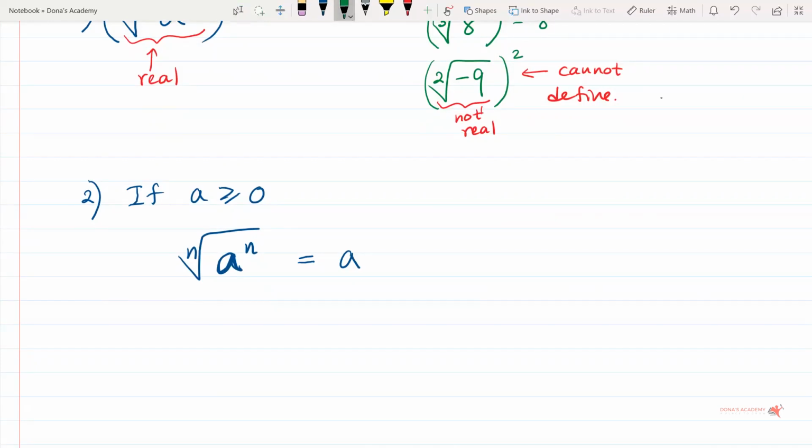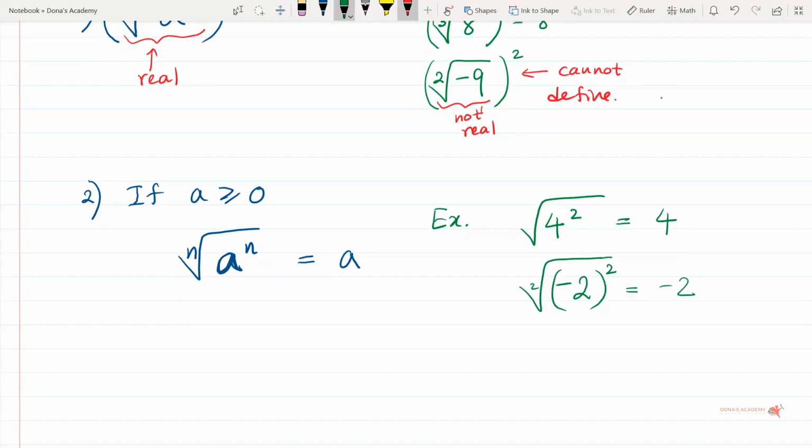Now, for now, let's consider an example for this case. Now, a has to be greater than or equal to 0. So, if I take 4 square and then square root, then this is same as 4, right? However, if I take this thing, -2 square root, then can we say that it is -2?